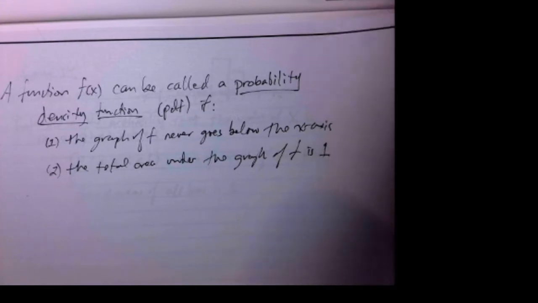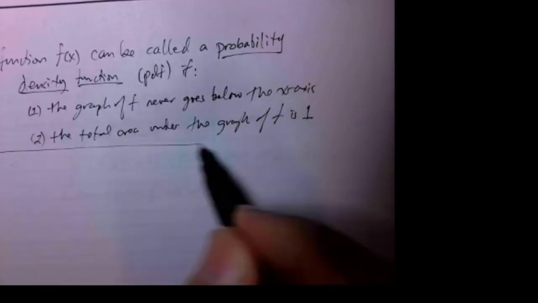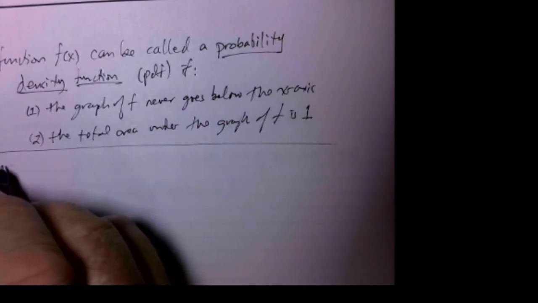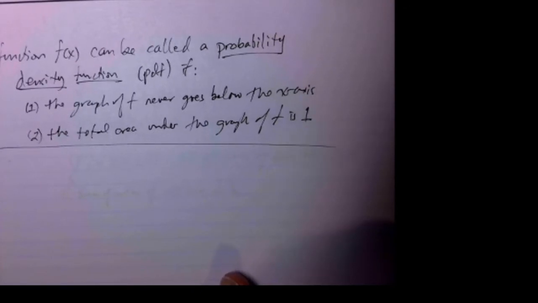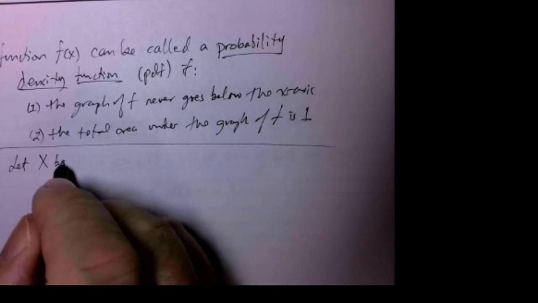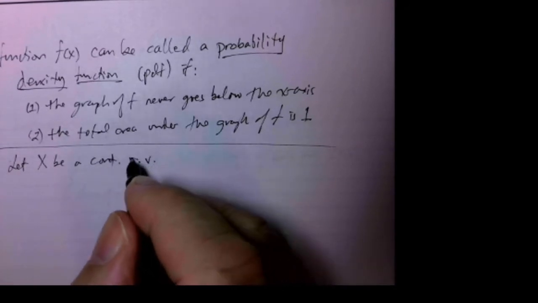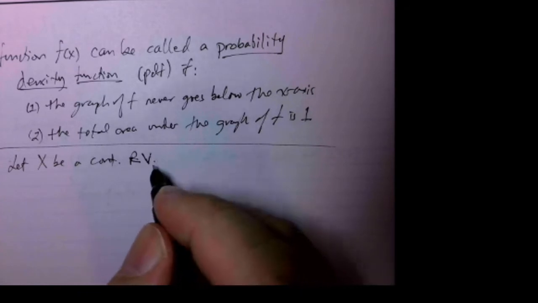Well, once you have this definition of a probability density function, you can define the probability distribution of a continuous random variable. So let's let x be a continuous random variable. We'll abbreviate RV here.